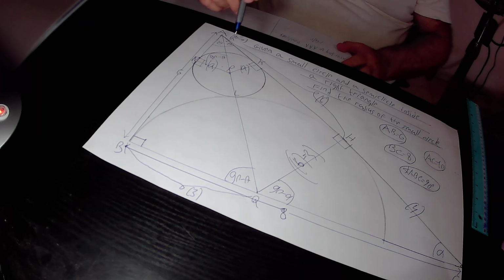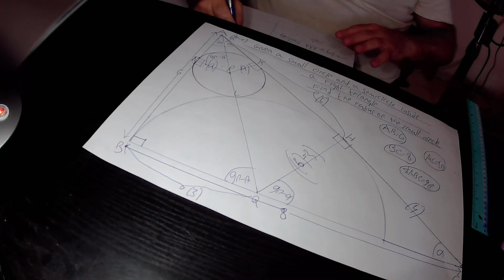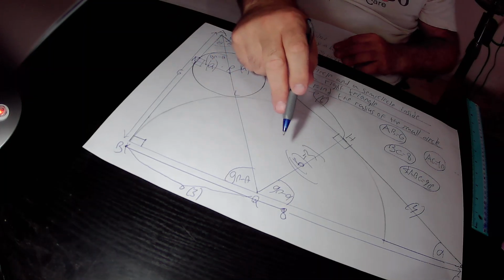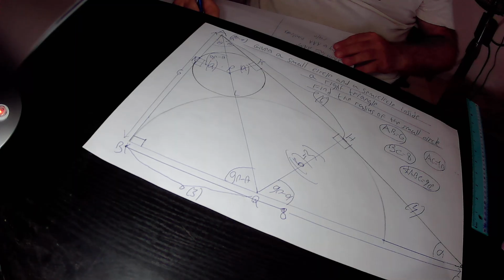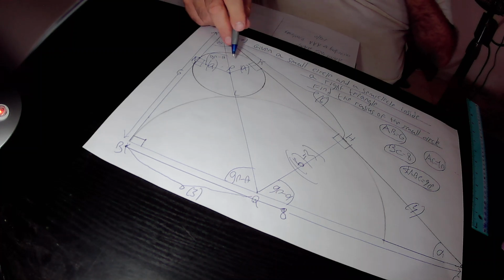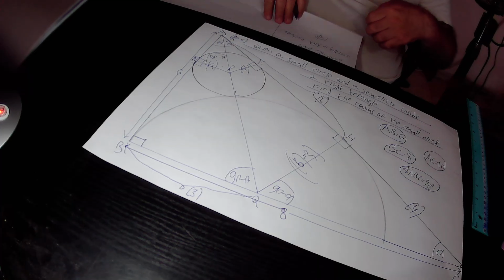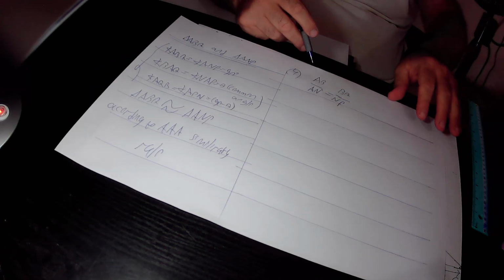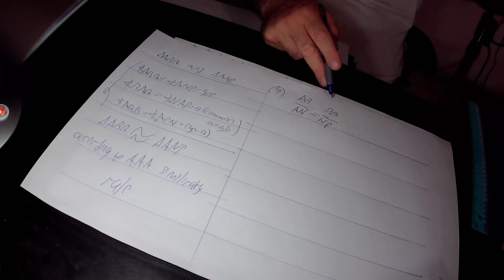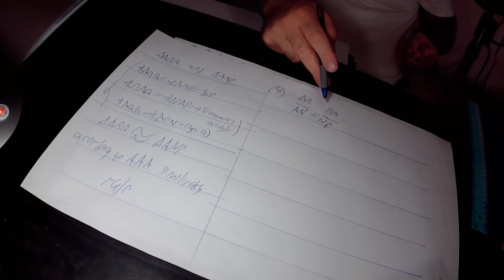We will derive that side AB in the big right triangle ABQ over side AN in the small right triangle ANP equals side BQ in the big right triangle ABQ over side NP in the small right triangle ANP. Repeat again, we derive that AB over AN equals BQ over NP.